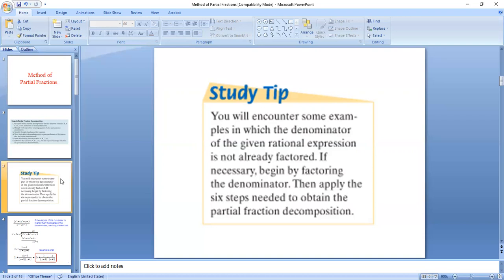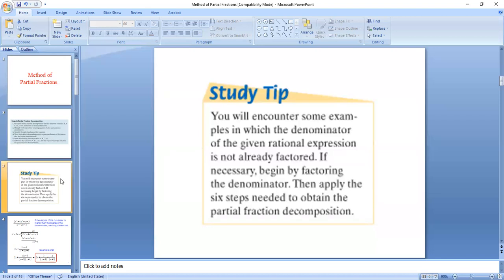The second step is to make sure that, after factoring and canceling out the common factors, you have checked the degree of the numerator and the denominator. The degree of the numerator should never be equal to or higher than the degree of the denominator before you even start this 6-step procedure.